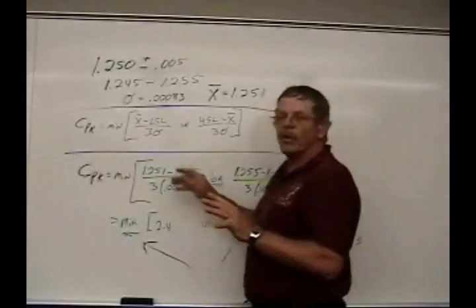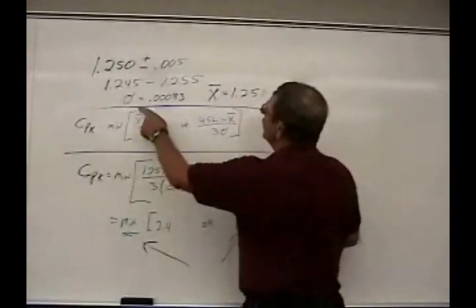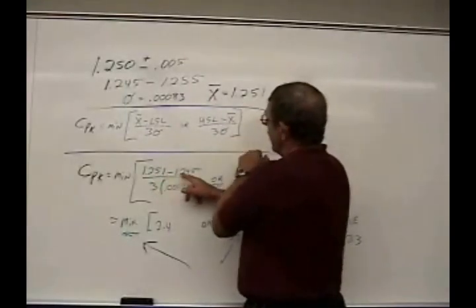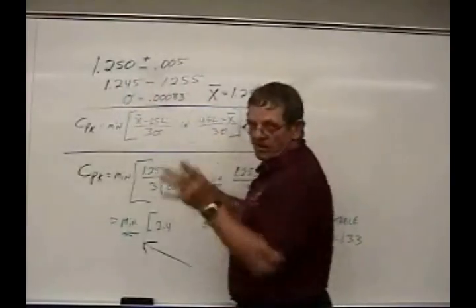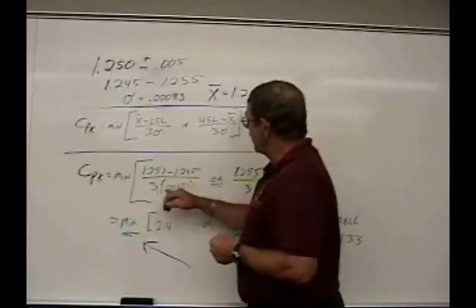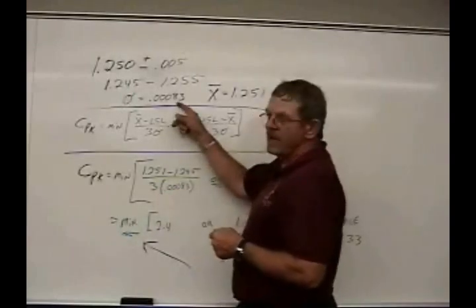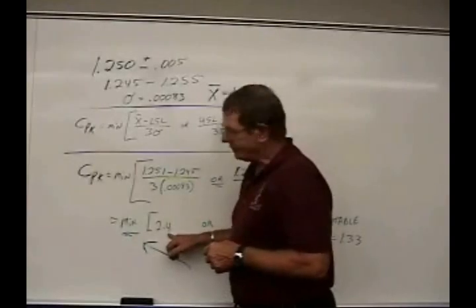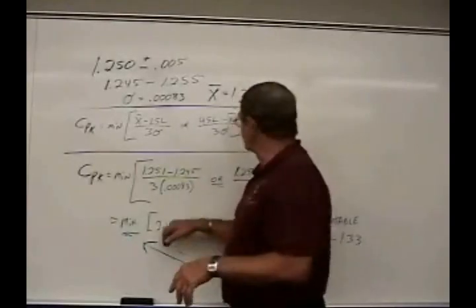So when you do the math, you'll see that we have the X bar, 1.251, minus the lower spec limit, which is 1.245, divided by 3 times the standard deviation, and you do the math, you get 2.4. But we need the minimum score, so you have to figure both.